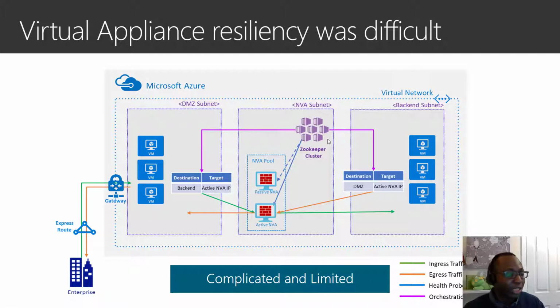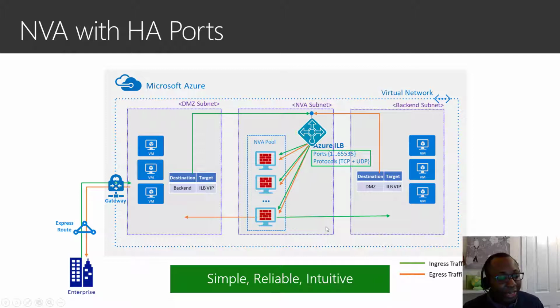We have this set of zookeeper cluster running in containers, doing some monitoring of the network virtual appliances that we've deployed. If they detect a failure, the zookeeper nodes make an API call to the Azure Fabric and modify the route table to say, I've detected a failure, let's point to the passive one now.